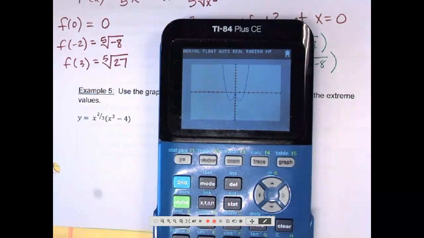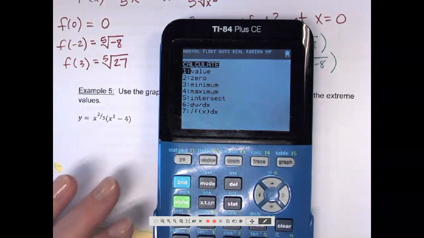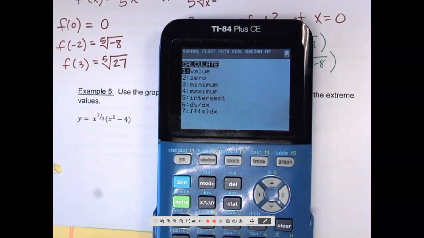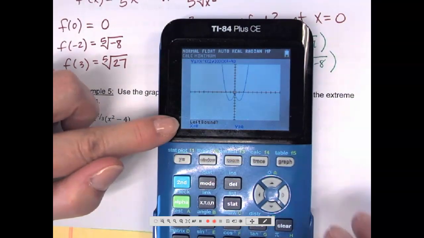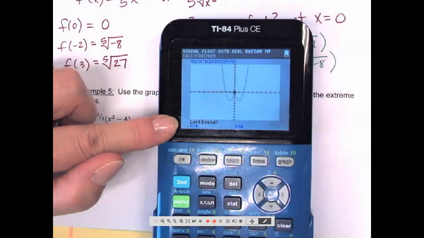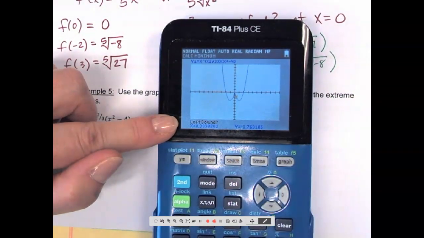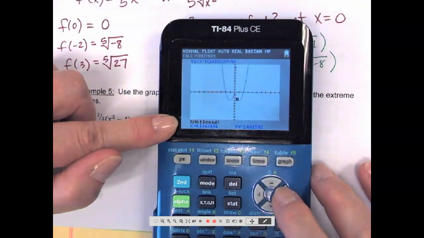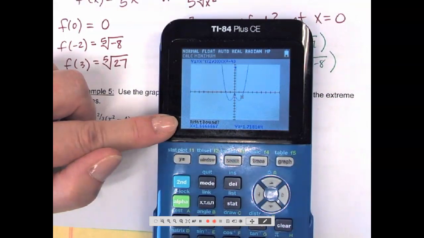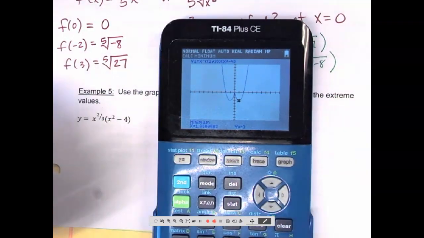Don't use trace. Second trace, I'll buy that. Second trace gets you to all those nice calculate options, and we want the minimum. Okay, so this is where you have to move your cursor around. It's asking me for a left bound, and I can do the one on the right or the left, it doesn't matter. Okay, I'm finding the one on the right here. Now I need a right bound, and then push enter one more time, and it will tell me.